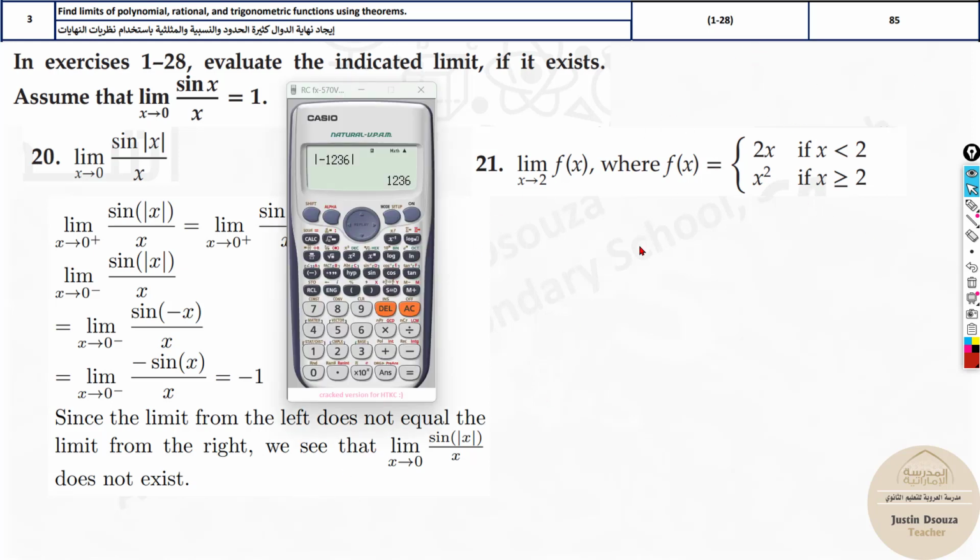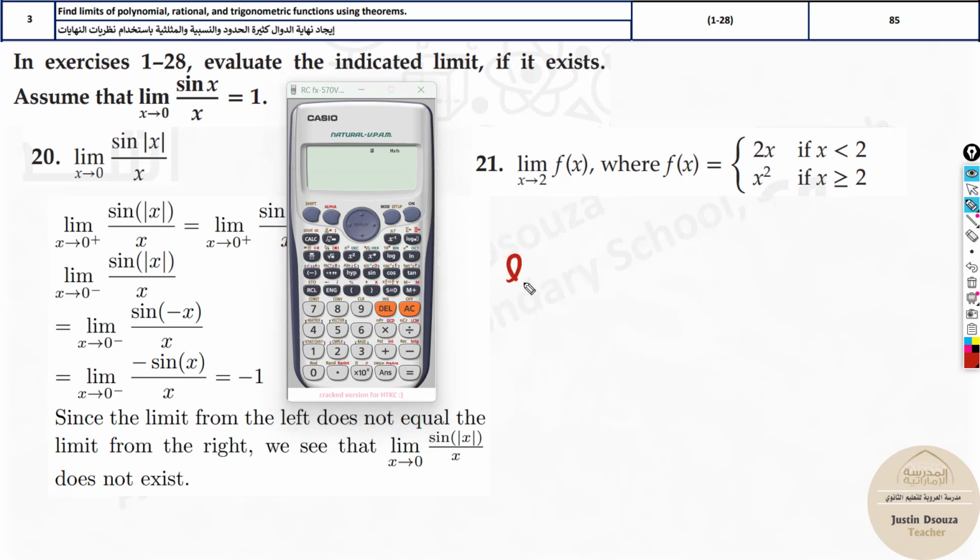Now we have a piecewise equation. I hope you remember piecewise. What do we do here? Here it's 2. It's defined and they're asking us to find the limit at 2. So don't use the method we just did. You can, but it's very simple because there are two different equations. You're not going to use the same equation both times.